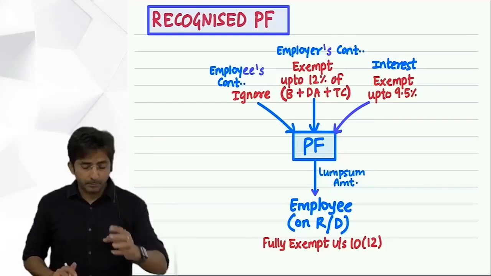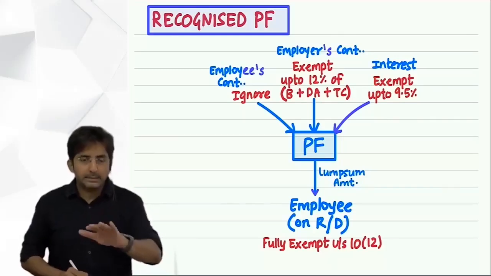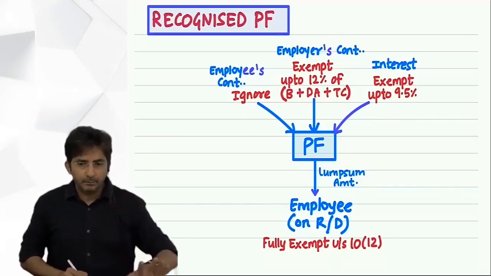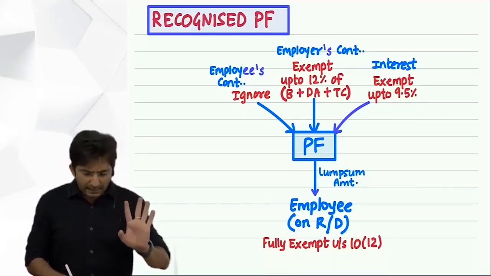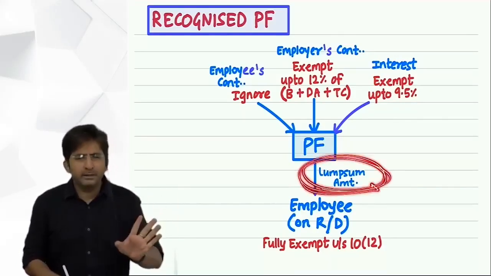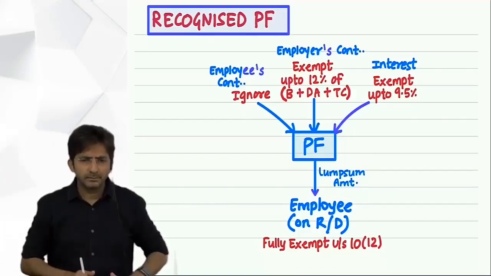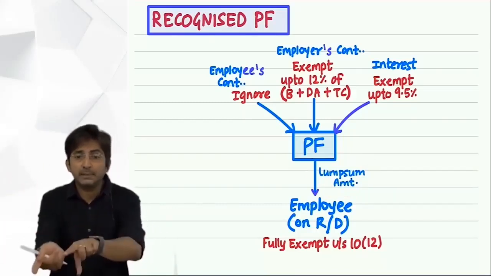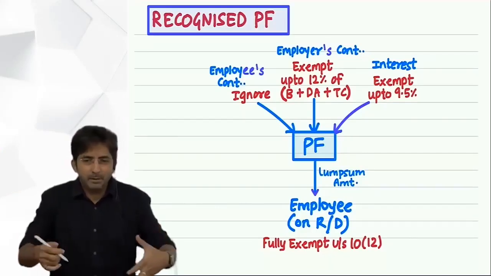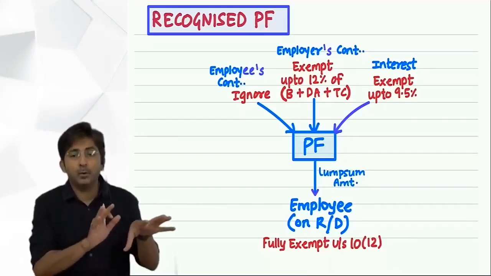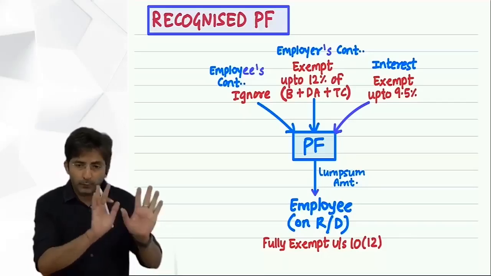Third exception, if employee retires in say 2-3 years, and if he says, I don't want my provident fund money, transfer it to my new boss. Means imagine employee is changing the job. Just an example, till now he was working in Wipro. He worked in Wipro for 3 years.